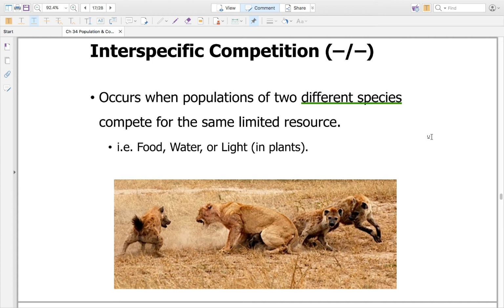We're looking at a lion and its common foe, the hyena, and they are negatively impacted by one another. All right, so animals compete for everything from food, water. Plants will compete for light because they need light for photosynthesis.